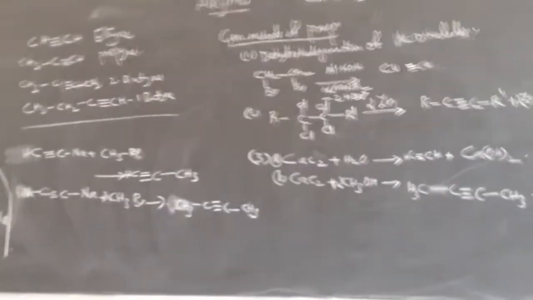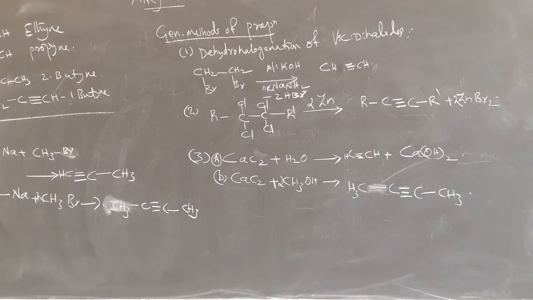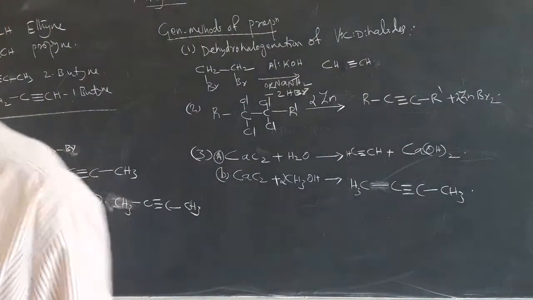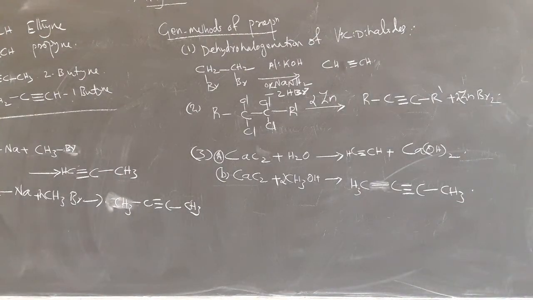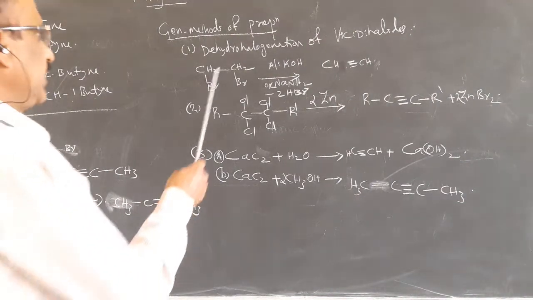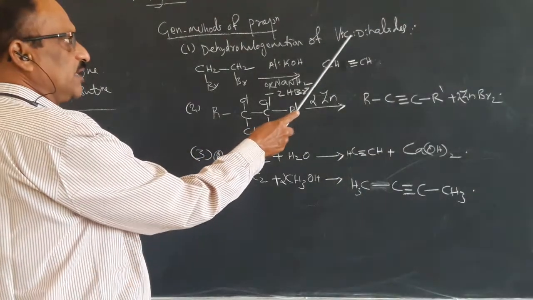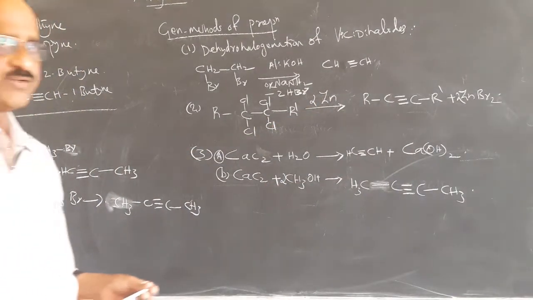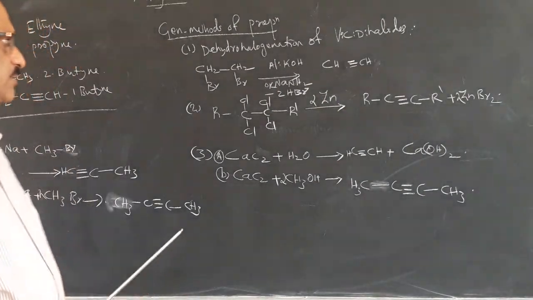In the methods of preparation, there are majorly 4 methods. The first method of preparation, as given in the syllabus, is dehydrohalogenation of vicinal dihalides.